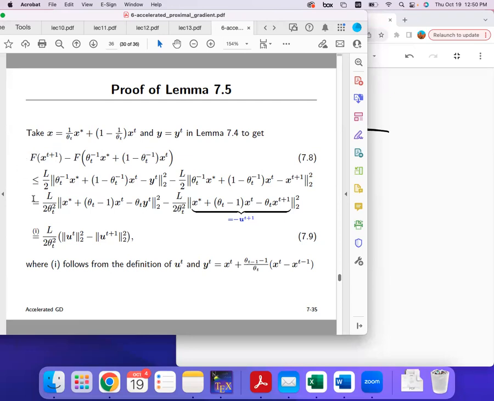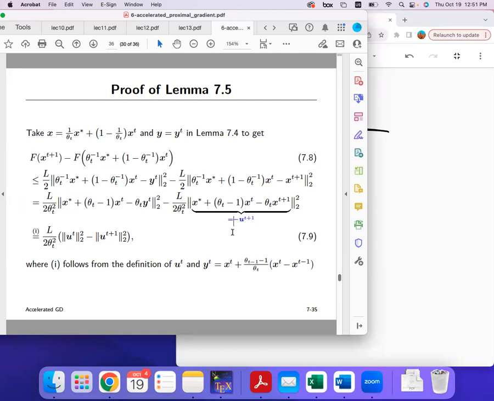Now, in the next step, this is an equality. So what we are doing is simply trying to rearrange these terms. I think what we do is pull out this common factor, theta t over 2. Pull this factor out of these quadratic terms, so we can get these terms.